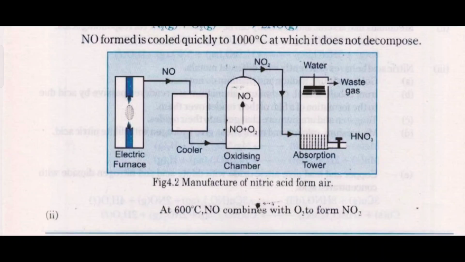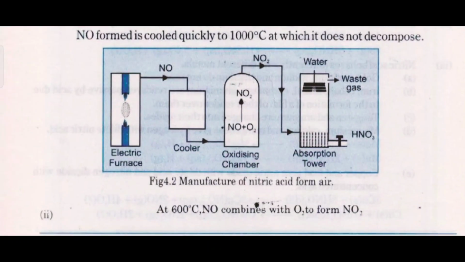This is the instrumentation of the Birkeland process, in which there is an electric furnace where we convert nitrogen and oxygen to NO. Then the nitric oxide NO is cooled in a cooler. And in the oxidizing chamber, the NO is converted into NO2.